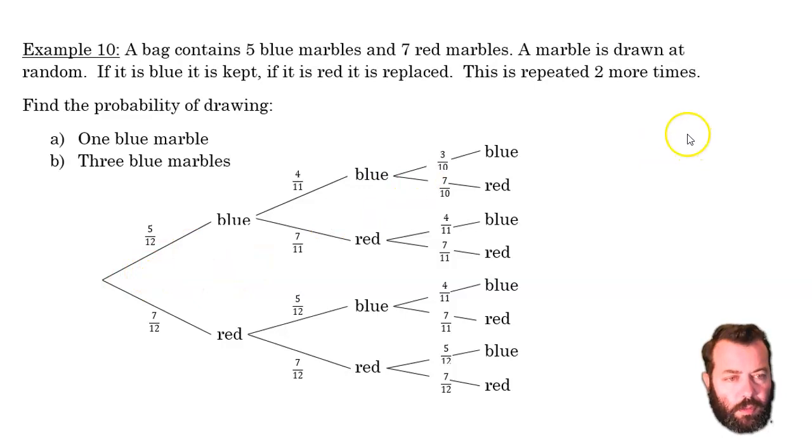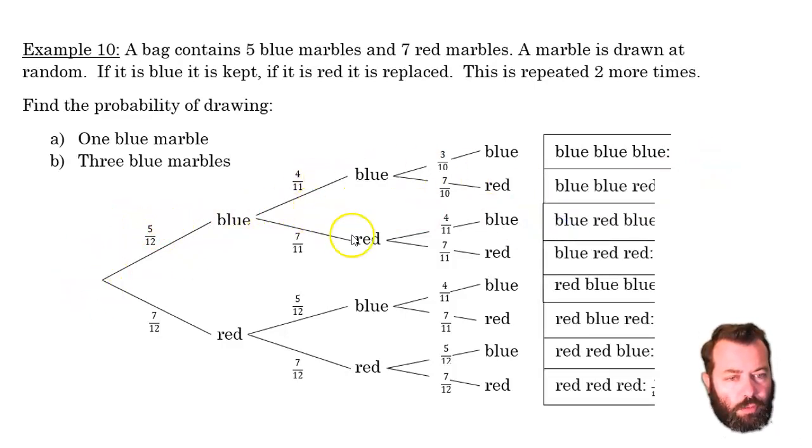So the first outcome here, blue, blue, blue, and then blue, blue, red, and blue, red, blue, and so on. So there are my 8 outcomes. And to calculate the probability of each of those, I should probably call them events, right?